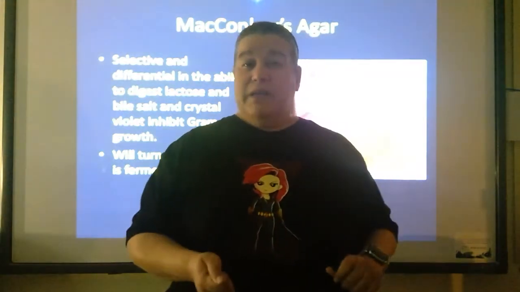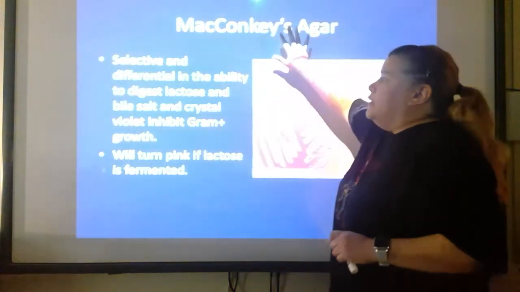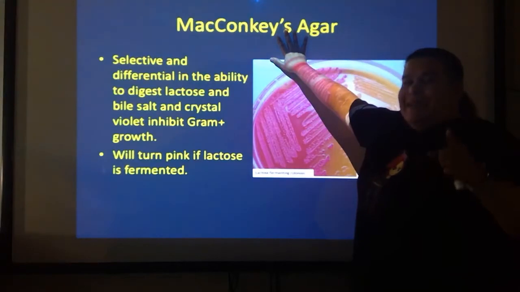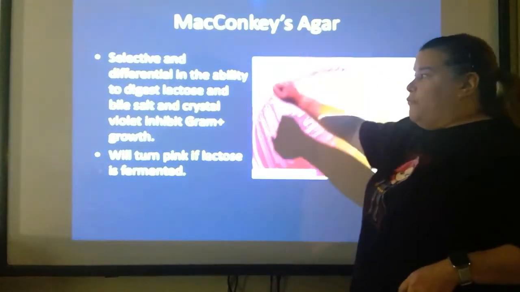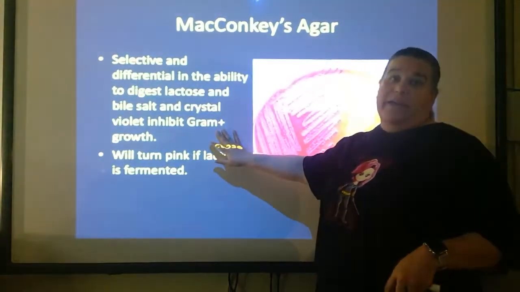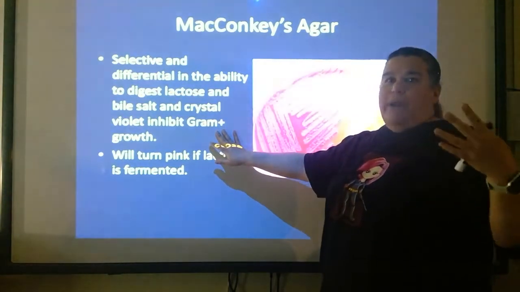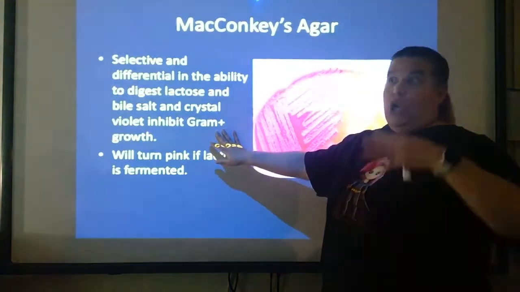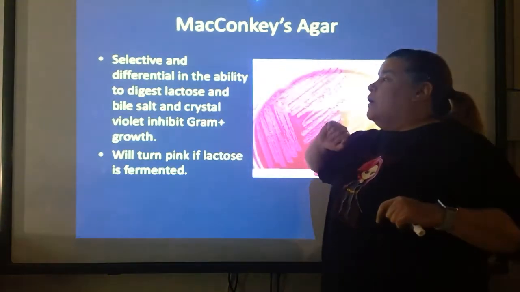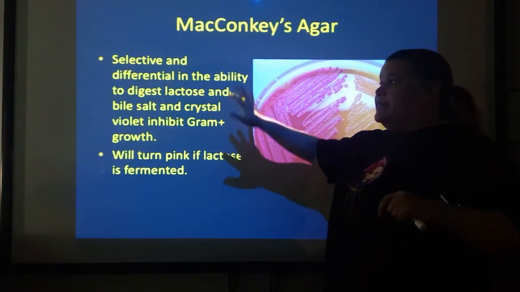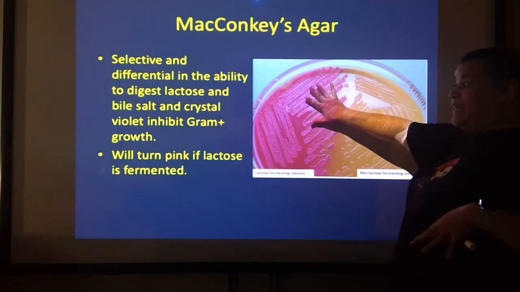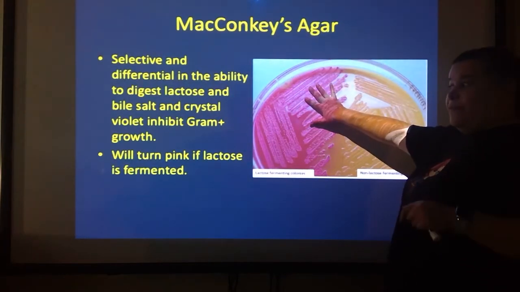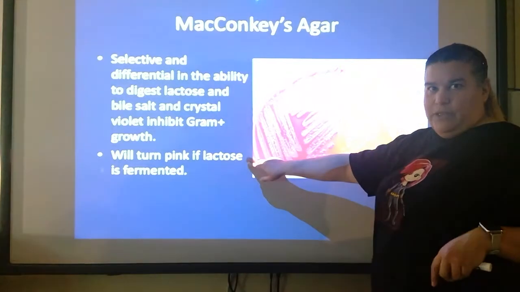Let's talk about MacConkey agar first. MacConkey agar is both selective and differential. It is selective for gram-negative bacteria. It doesn't want gram-positive to grow on top of it. It also is differential in the fact that you have a pink color pop up if there is lactose fermentation.